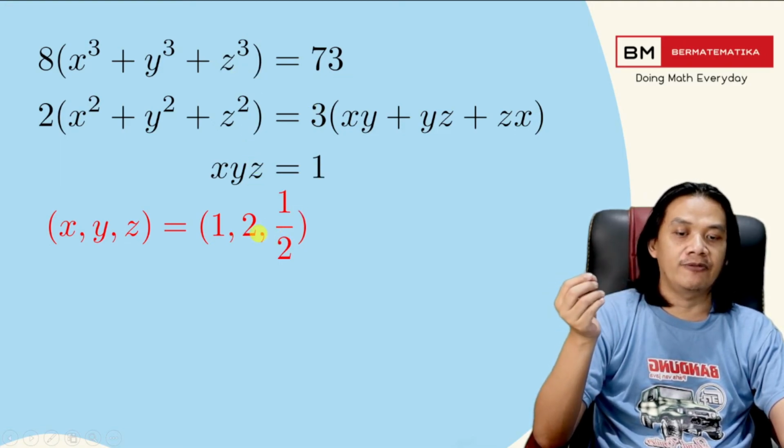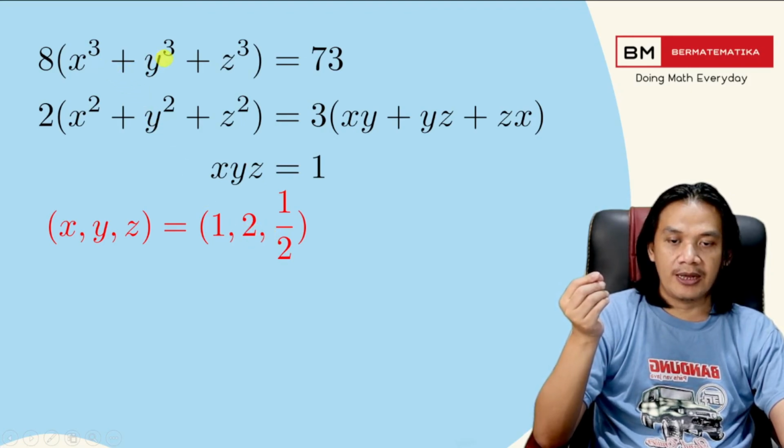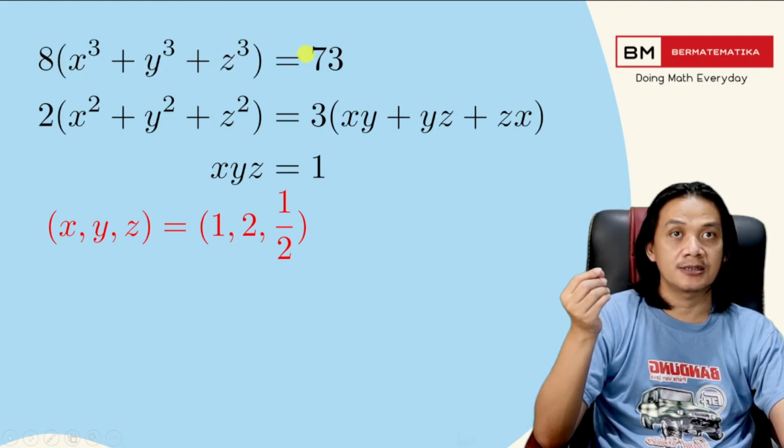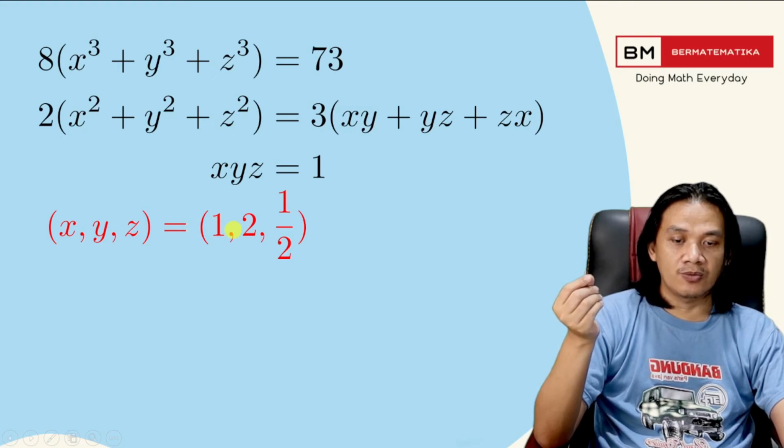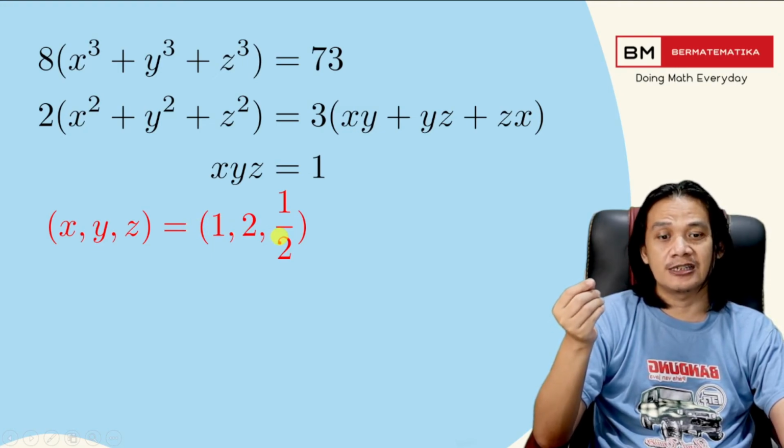For example, if we plug in 1, 2, and 1/2, this is 1 cubed plus 2 cubed, which is 9. 9 times 8 is 72, and this is 1/8 times 8 is 1, so 72 plus 1 is exactly 73. And you can check for the remaining equations that 1, 2, and 1/2 is indeed a solution.